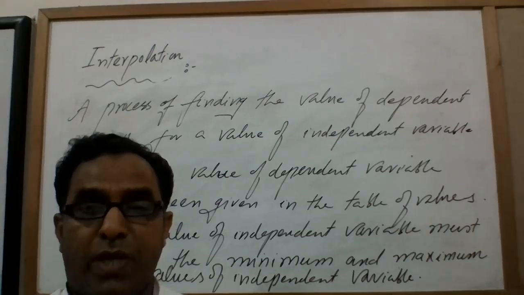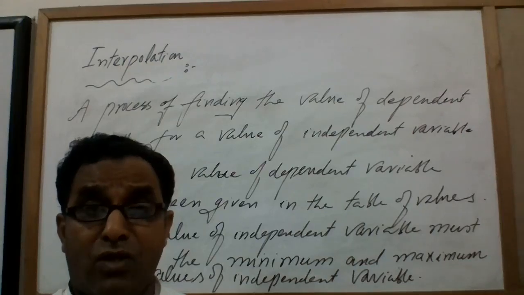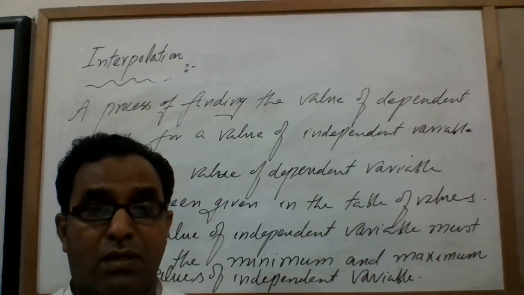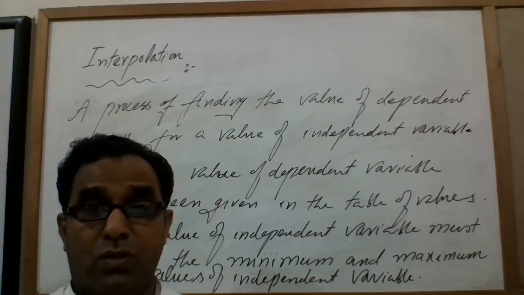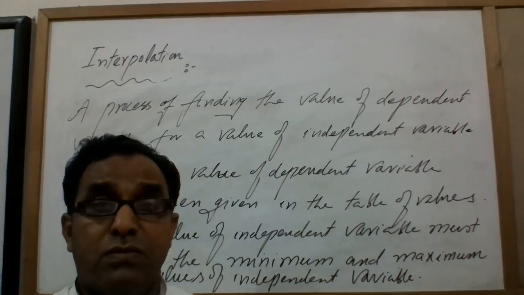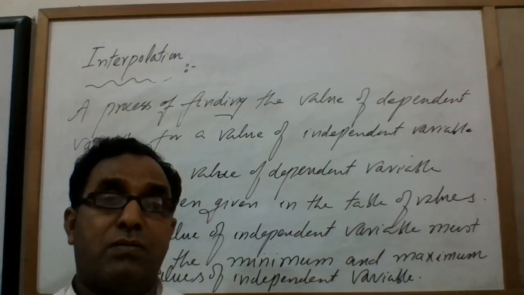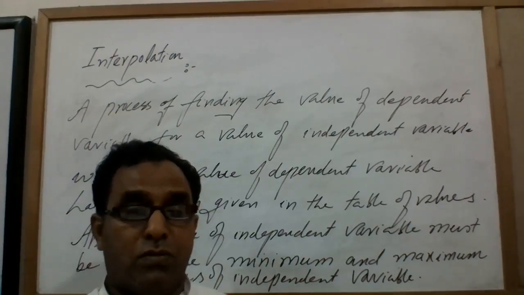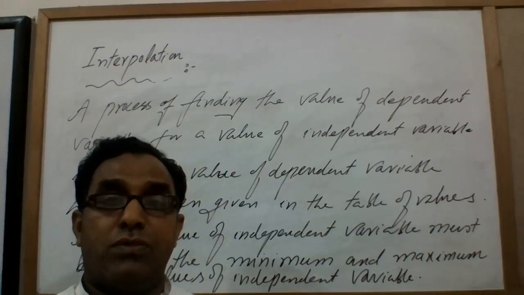Finding the value of dependent variable for any desired value of independent variable is called the interpolation process, when the value of dependent variable is not known for that value, and that value of independent variable must also be between the minimum and maximum values of independent variable, right? So you can look at the table. This is called the interpolation process.